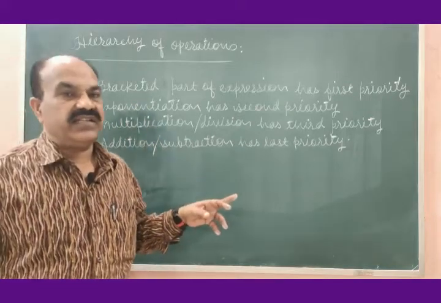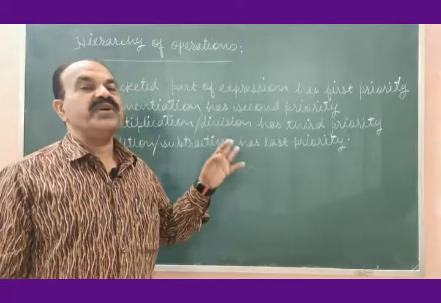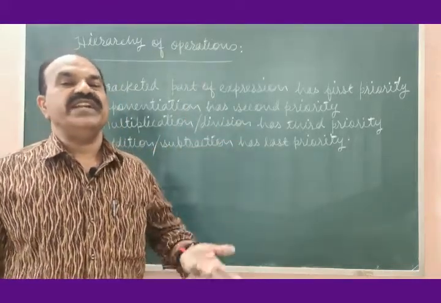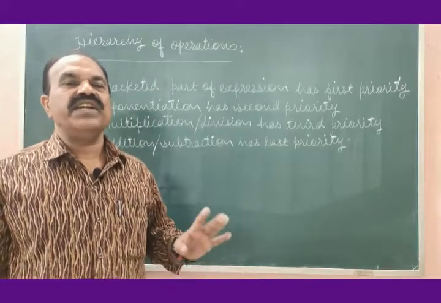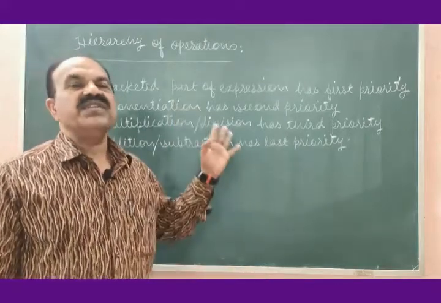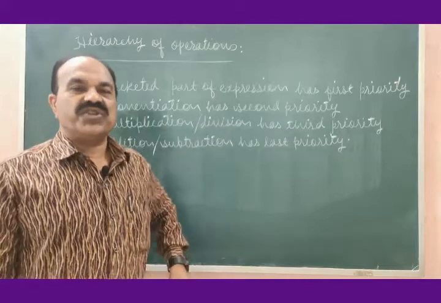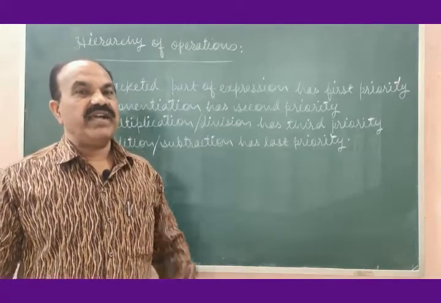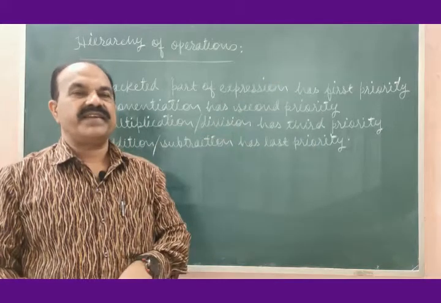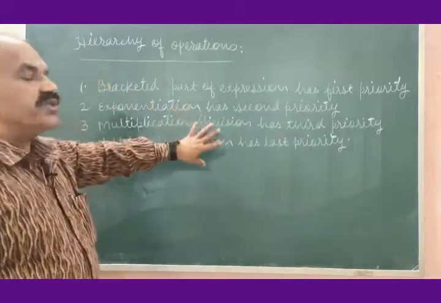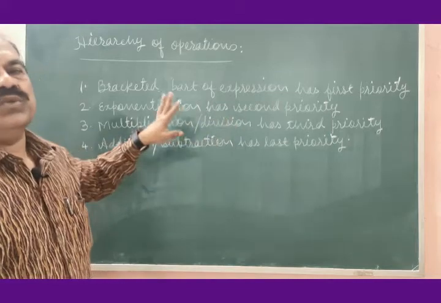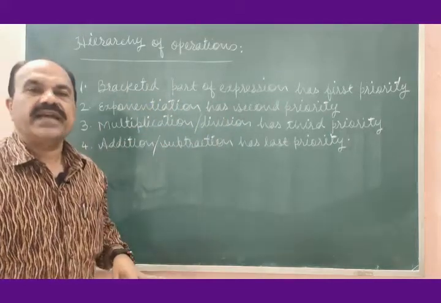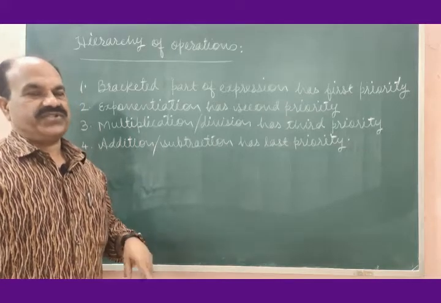Actually, we do not need to remember this; the Fortran editor remembers this hierarchy of operations or these precedence rules. But while we are constructing the arithmetic expressions, we must know these rules.